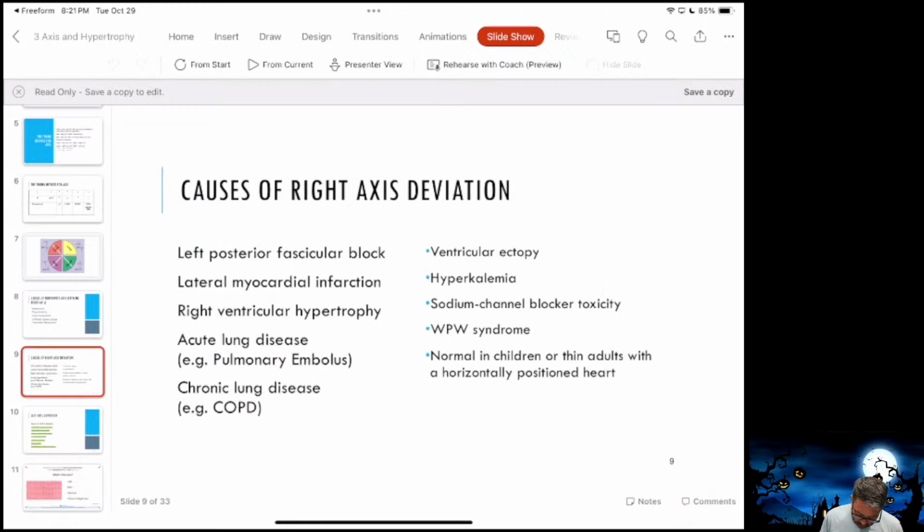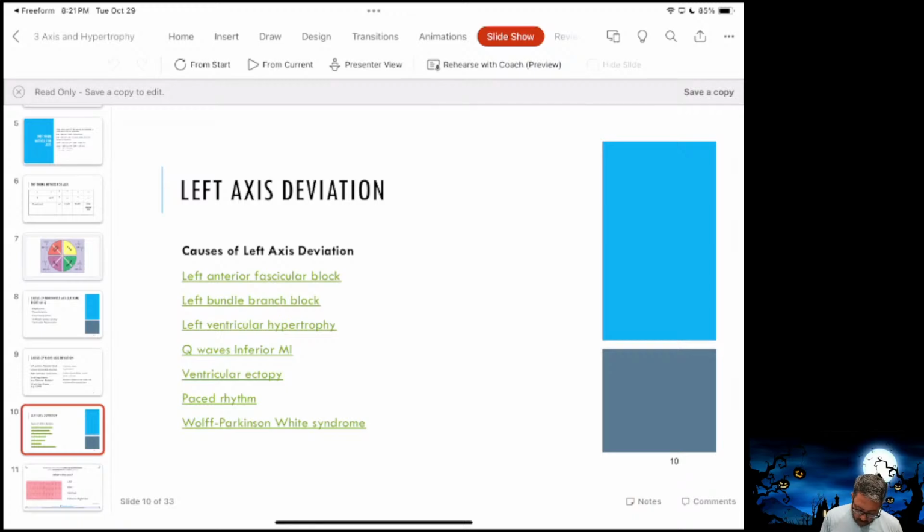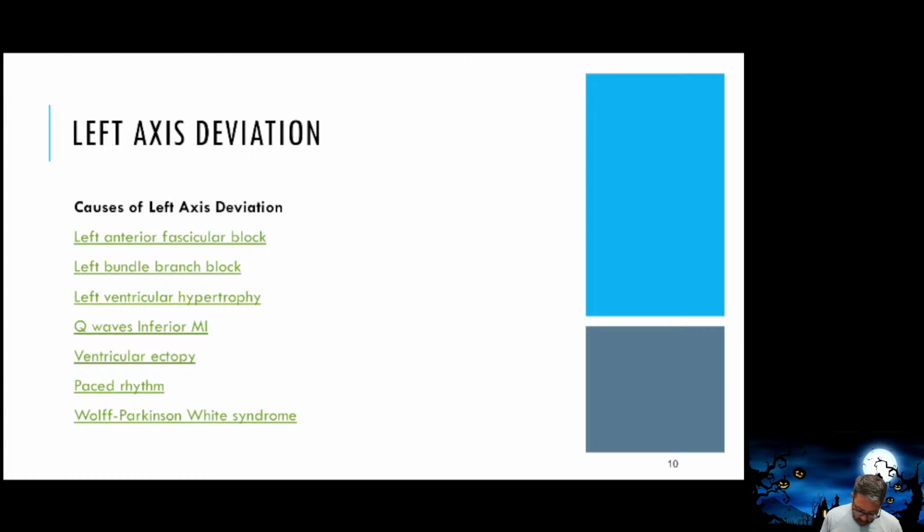This is the right one. Left axis is from hypertrophy. So Madison, you guys are right.